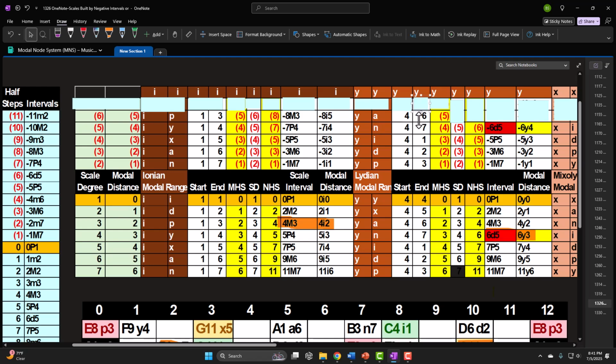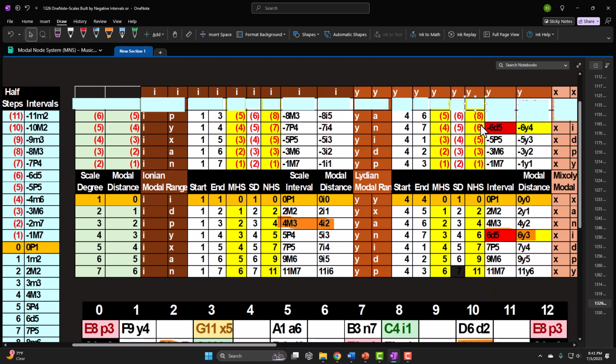So it'd be a Lydian Aeolian modal range. Why? Because 4 minus 5 is going to take us around the horn, 1, 2, 3, 4, and then 7, 6, right? It's going to be a 4, 6 modal range, back 5 modal half steps, which would be scale degrees, 6 scale degrees, -6, if we had negative scale degrees.